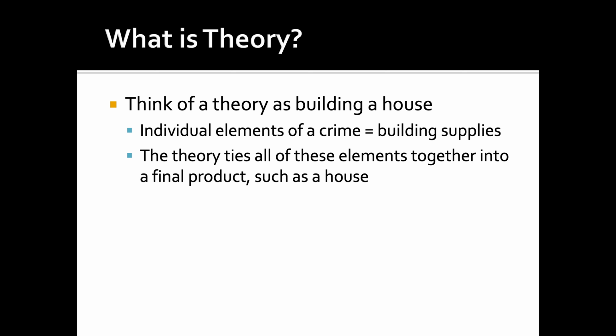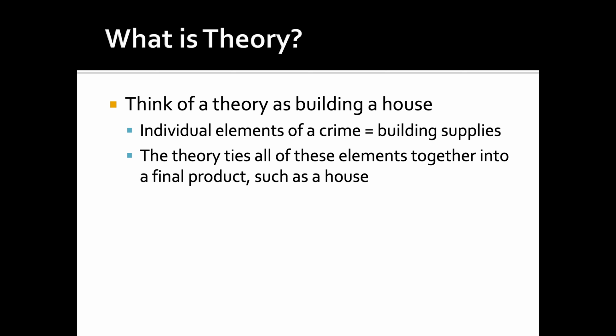If you're making something like a cake, it's usually eggs, milk, flour, sugar, things like that. Those are the basic components of it. But how you tie those things together depends on what your final product is going to be. And the same thing applies to criminological theories. You have a lot of individual elements, and it depends on which elements you choose, which ones you leave out, and in what order you put them, and that can lead to a different final product.